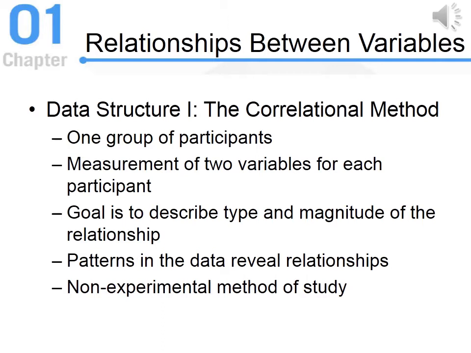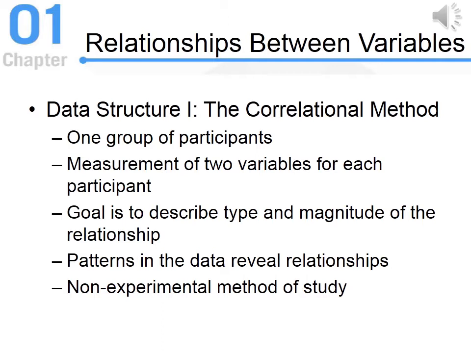A negative correlation, on the other hand, means that the values move in the opposite direction. So as one value increases, the other value tends to decrease. Take, for example, amount of hours slept and fatigue. The more hours you sleep, that is that variable increasing, the less fatigue you tend to feel, that is that value decreasing.